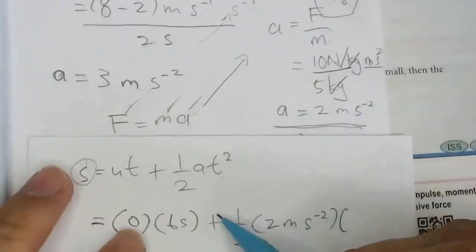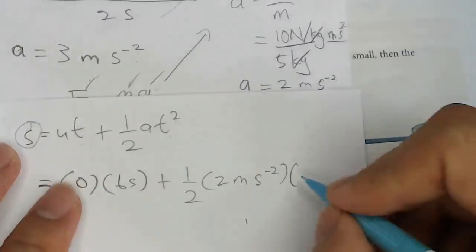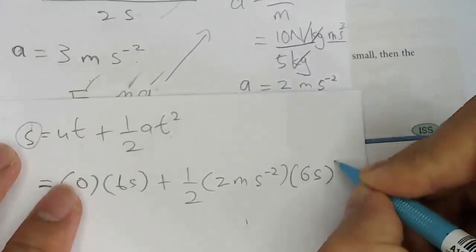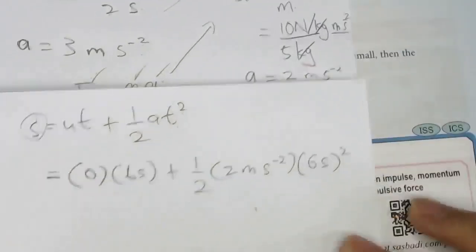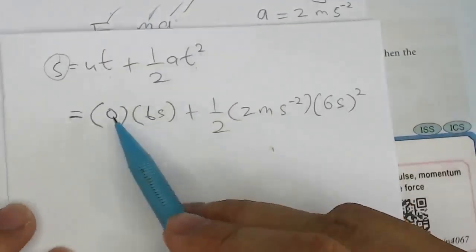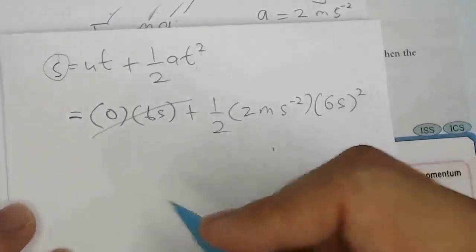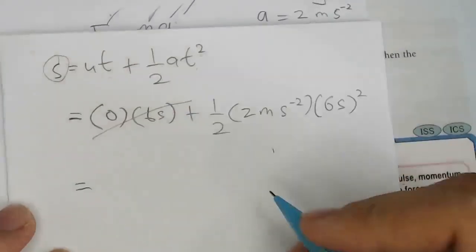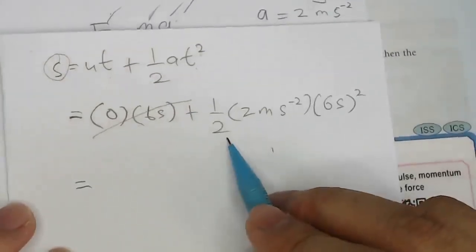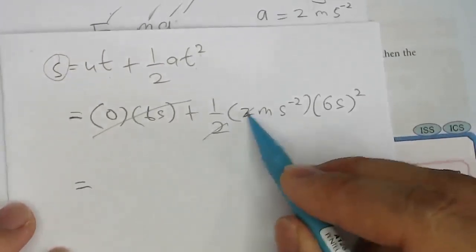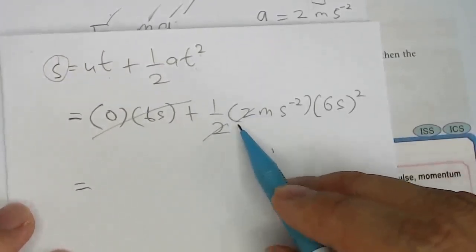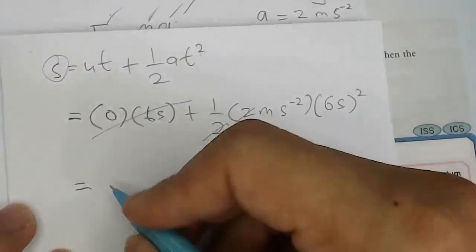Don't forget the square, 6 seconds square. Since this is 0, we can eliminate it, and this 2 can be eliminated with this 2, and all that is left is 6.